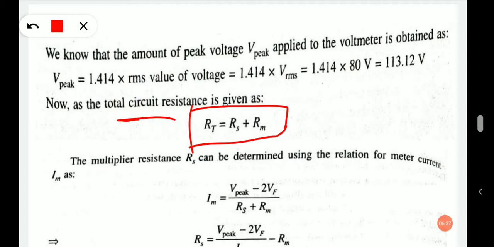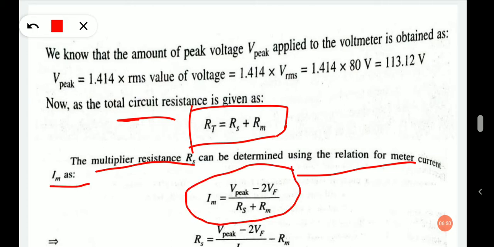The multiplier resistance Rs can be obtained using the relation for meter current Im, by using the expression Im equals to V peak minus 2 Vf upon Rs plus Rm.